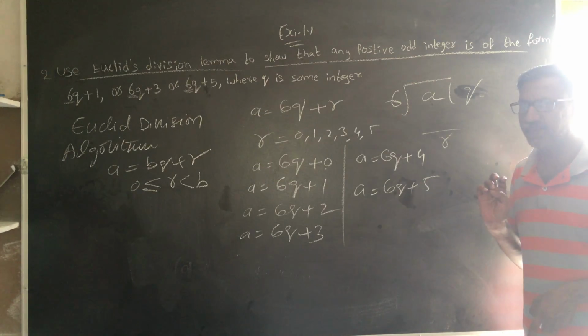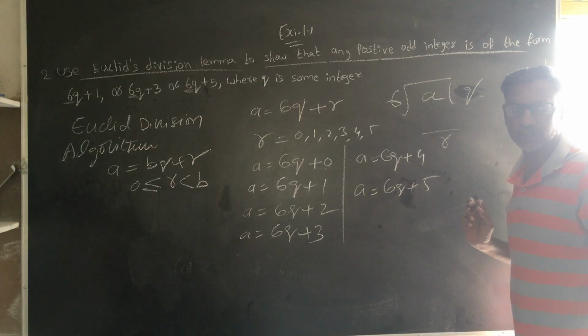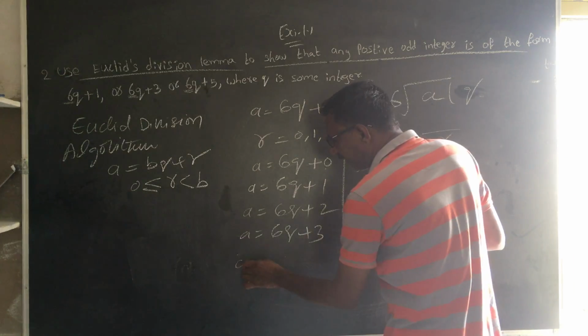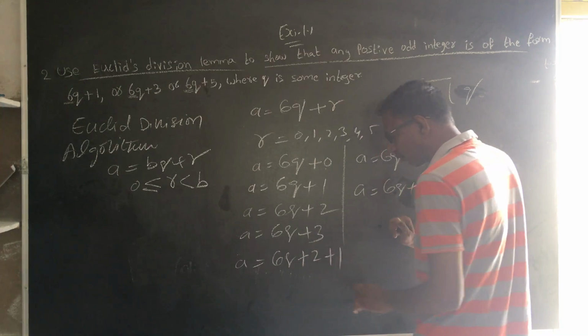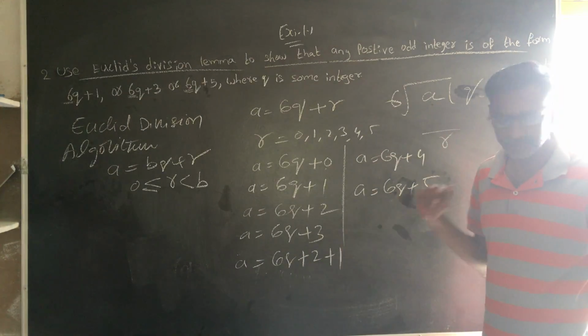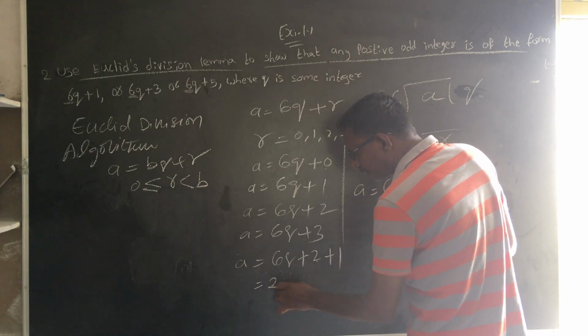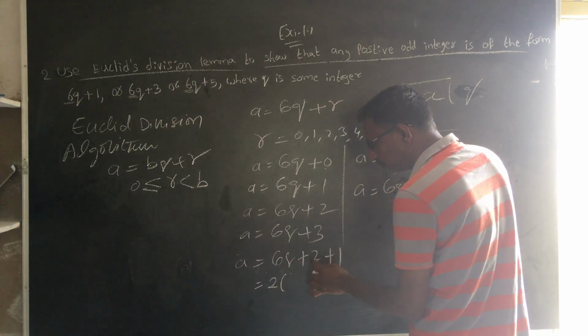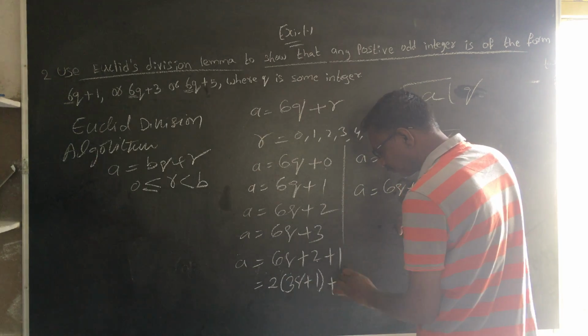Why? Because I will explain only one of my 3 odd positive integers. a is equal to 6q plus 2 plus 1. I would like to write like this. Here 2 is common. From these two I will get 3q plus 1 plus 1.